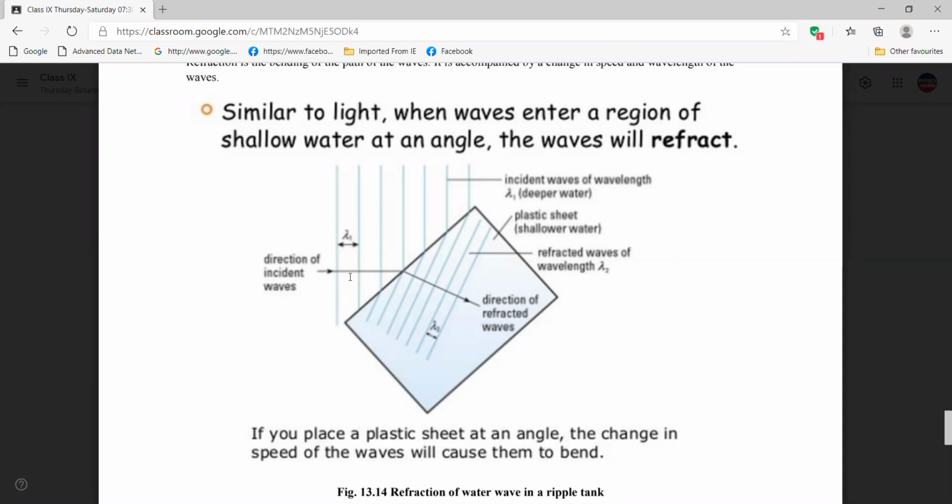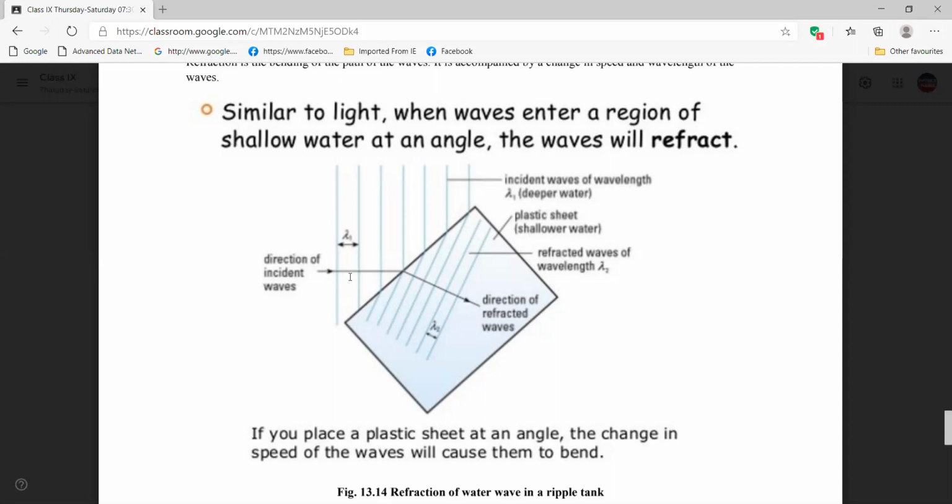Look in the diagram, the direction of incident waves is going straight. When it is going straight, that is the deeper region of water, deep water.